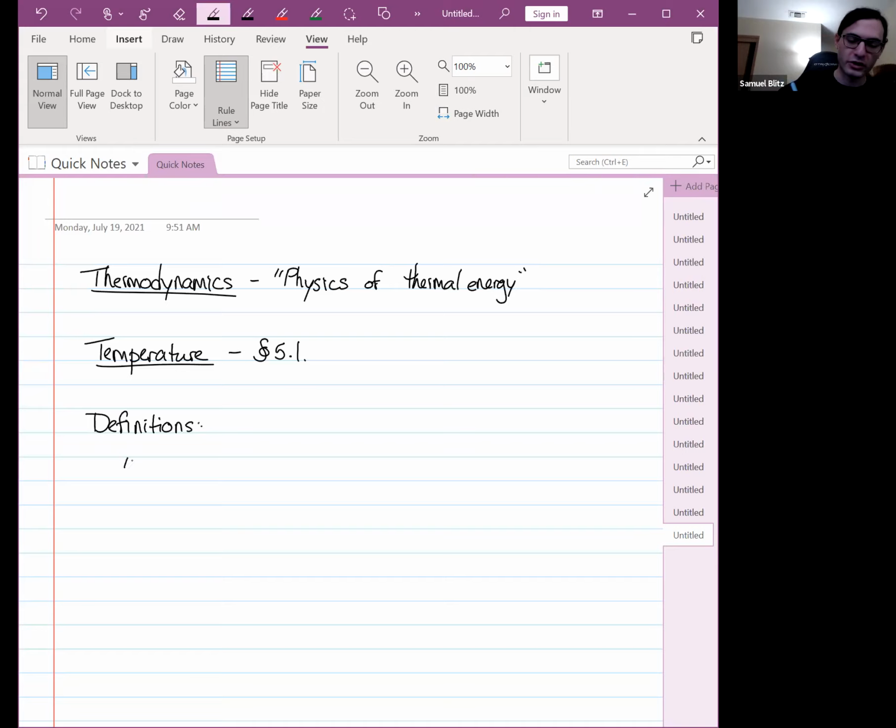So first definition is the term thermal contact. Thermal contact is when two systems are allowed to exchange thermal energy with each other directly.